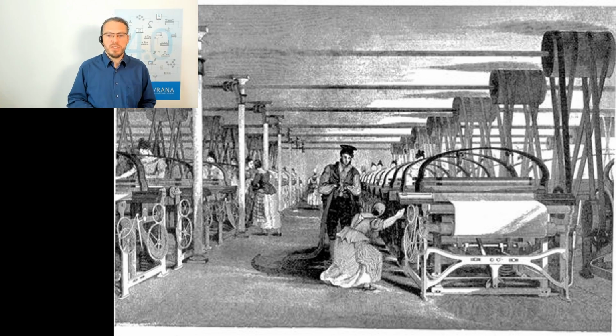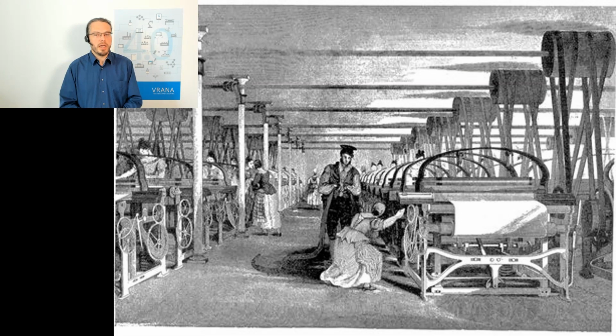And the industry of the first revolution is the textile industry. So, if we have a look into it, this is about how the textile industry looked like right during that first revolution.